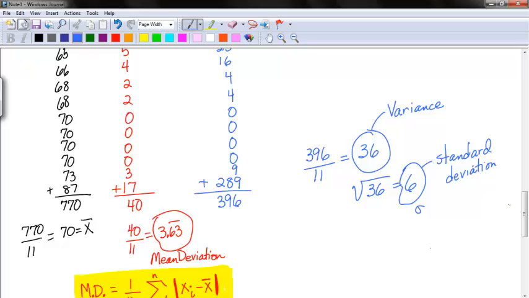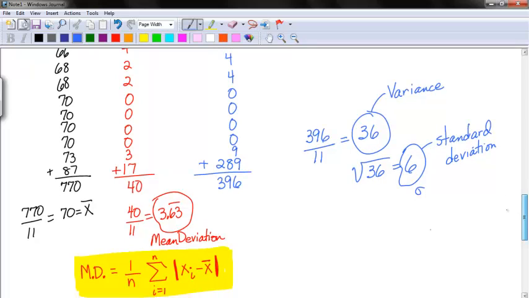Okay? So, to get this standard deviation, here's what we actually did. The standard deviation, or sigma, is the square root of 1 over n times the summation of the x sub i's minus the arithmetic mean.